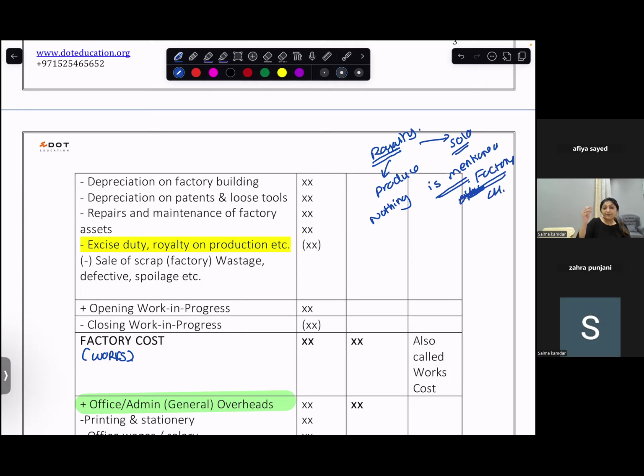If they mention royalty on production, then you will take it as factory.